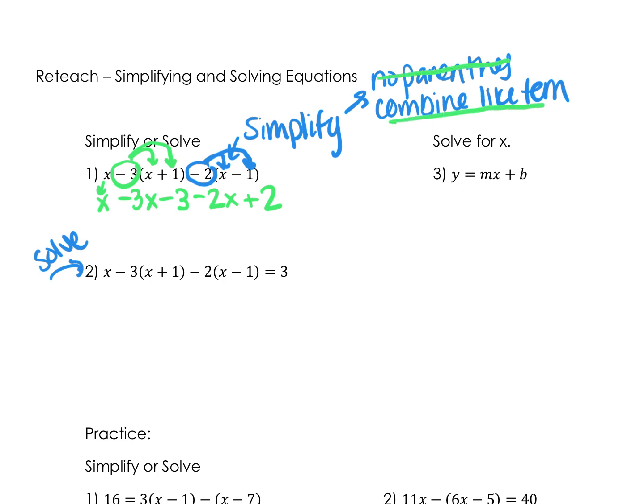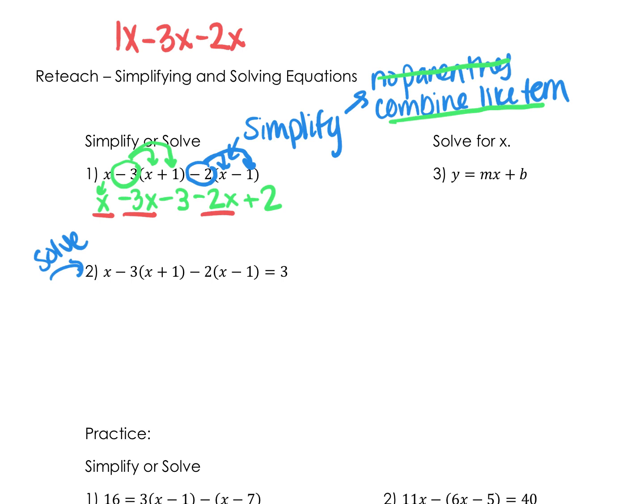Okay? So we've got a bunch of different like terms here. We've got this x term, this negative 3x, and this minus 2x. We're just going to combine those terms. So we're going to combine x, minus 3x, and minus 2x. This is basically an invisible 1, so we're going to do 1 minus 3 minus 2 in our calculators.